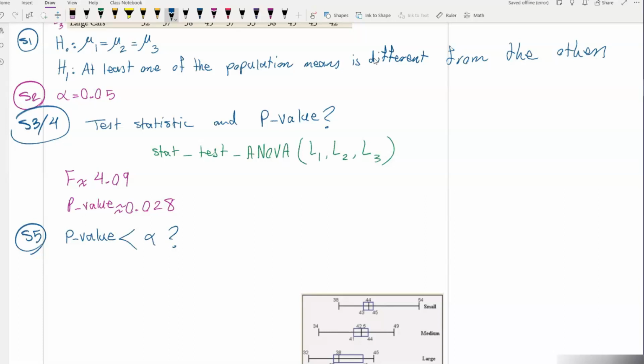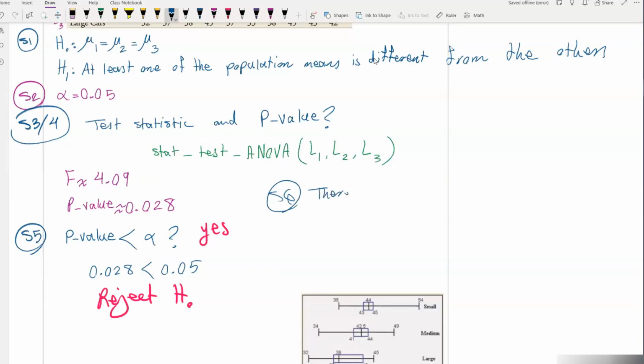Step 5. Compare P value with alpha. So yes, reject. Step 6, conclusion. So we rejected null, meaning that there is sufficient evidence to conclude that we have alternative.